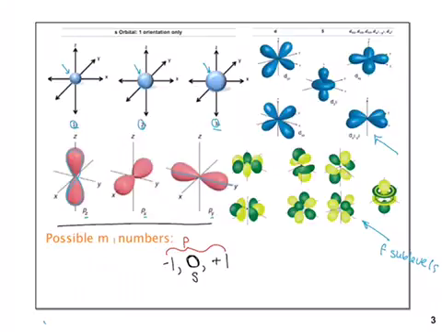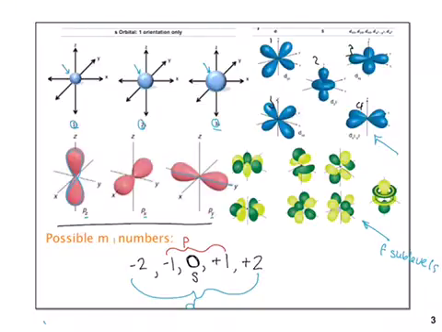Then you can see that your D sublevel has 1, 2, 3, 4, 5 possible shapes. So then we can add the -2 and the positive 2. Now, all 5 of these numbers, -2, -1, 0, +1, +2, are your possible orientations for your D sublevels.